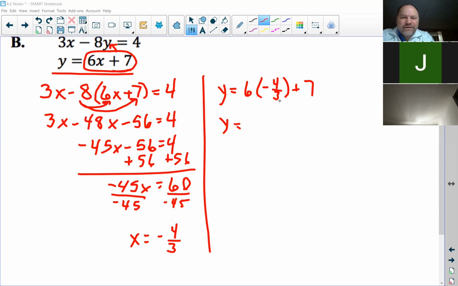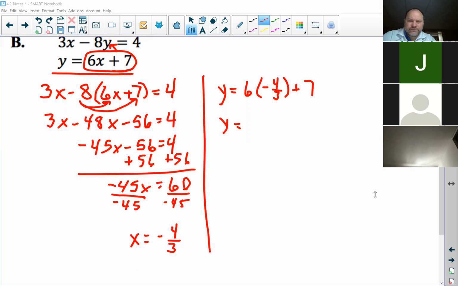Then I need to divide by 3. So what is -24 divided by 3? -8. -8 is exactly right.